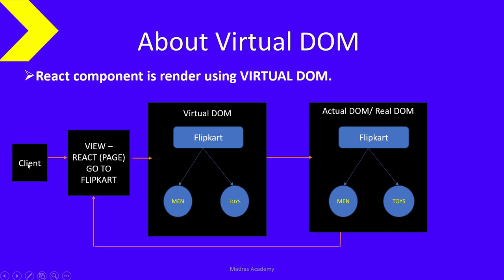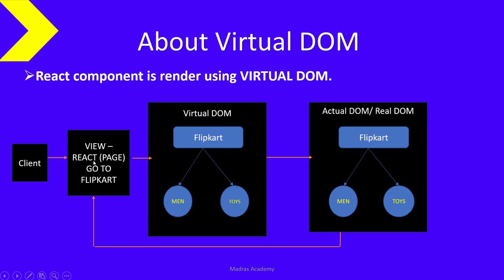Whenever the client passes the request, it will create one virtual DOM, and using this virtual DOM, whatever request the client is asking for will be updated to the actual DOM, that is the real DOM. And that actual DOM will respond to the client view. So intermediately we have the virtual DOM.